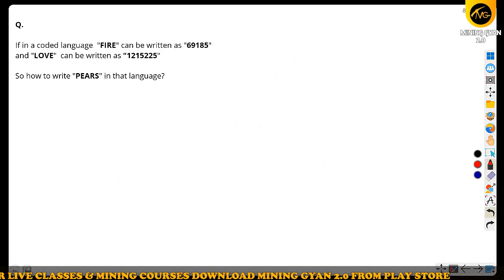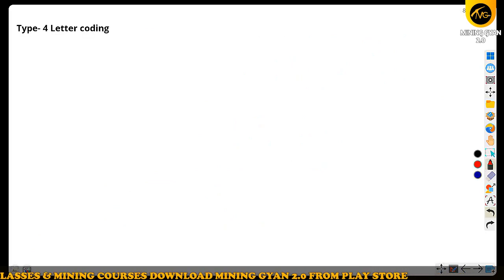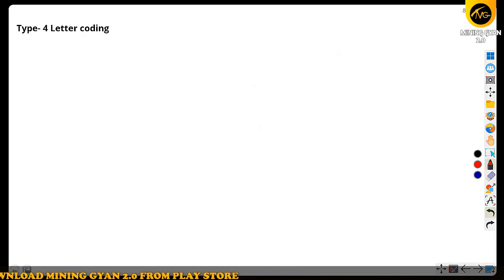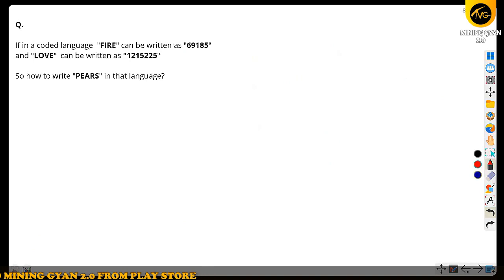Now the next question is, if in a coded language FIRE is written as 69185 and LOVE is written as 1215225, how do we write PEARS in that language? FIRE is written as 69185.